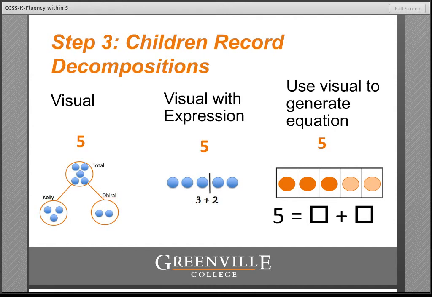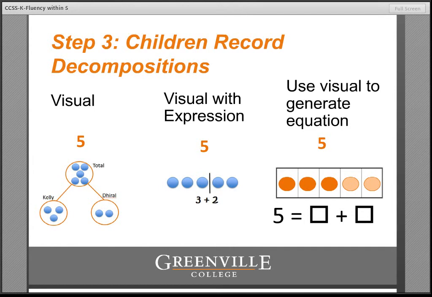Okay, step 3 now, the children are going to start to take over some responsibility. Initially, they can record their decompositions through visual means, so I can give them number bonds and they can record what they discovered for decomposition using a number bond. They can do that through these actual circles or dots or some kind of an icon that's in the part-whole number bond. They could put numerals. Some students might be ready for numerals while other students are still using the visual. That's perfectly okay.